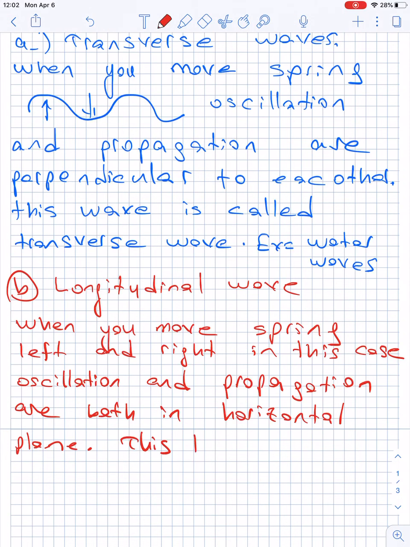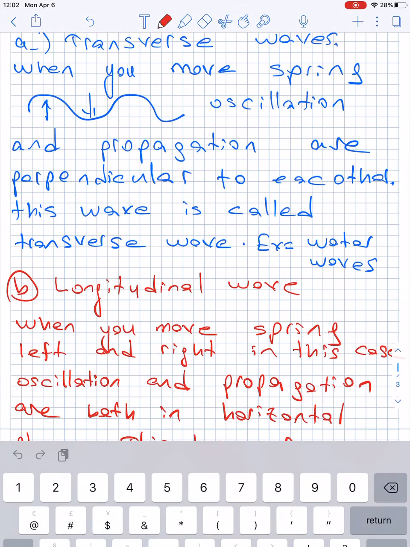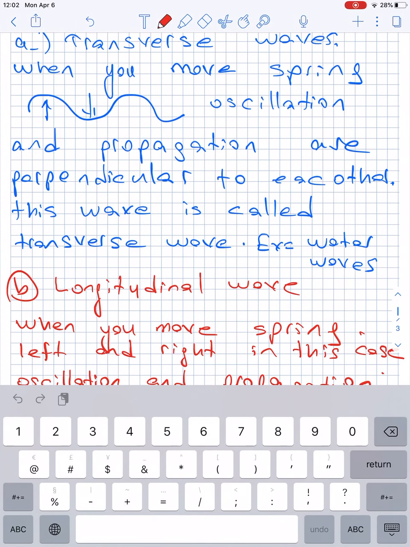This type of wave is called a longitudinal wave.